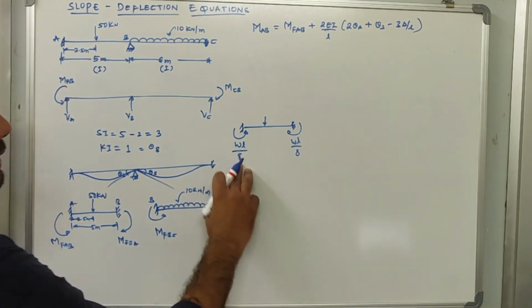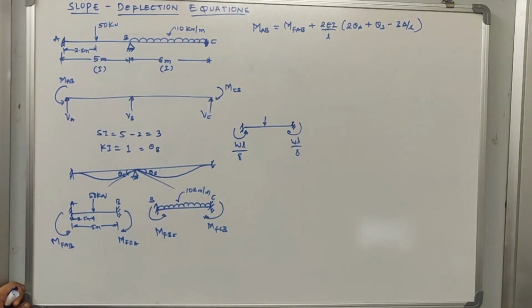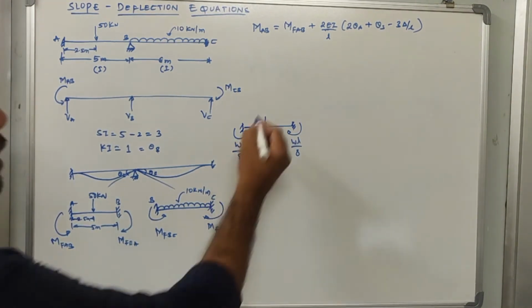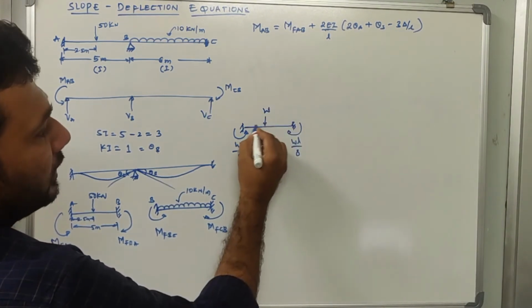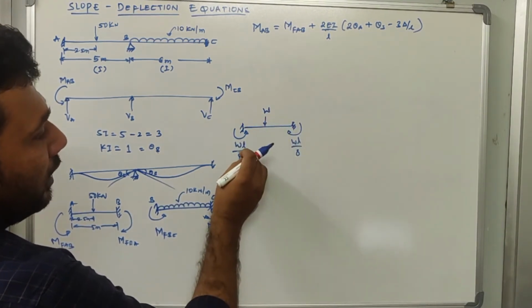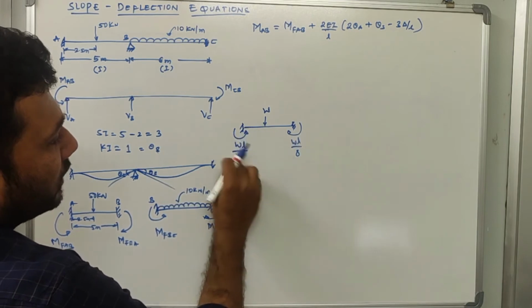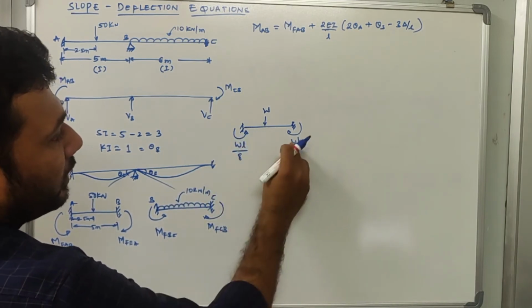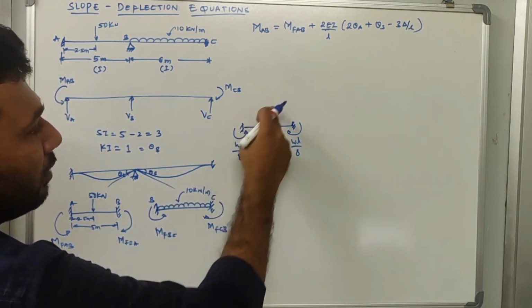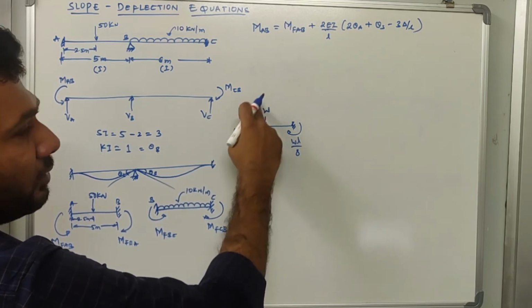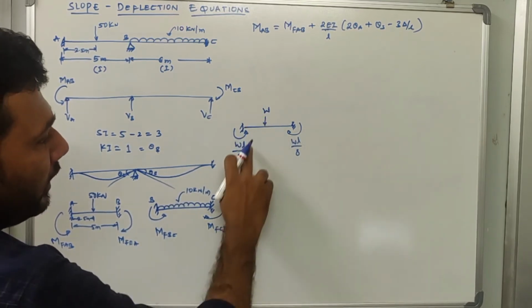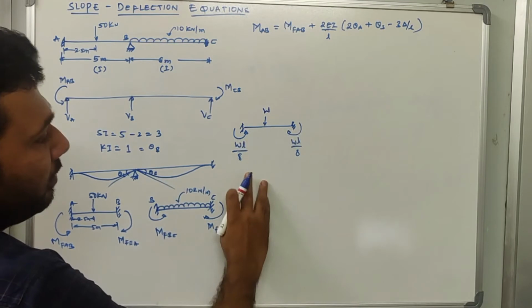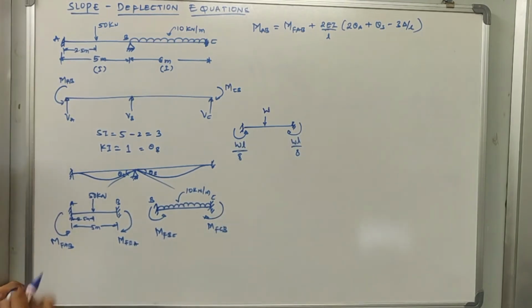Whenever there is a concentrated load W at the center of the beam, you will calculate the end moments using WL by 8, WL by 8. What is W here? W is the magnitude of the concentrated load. L represents the total length of the beam, divided by 8. You will get to know how much is MFAB.